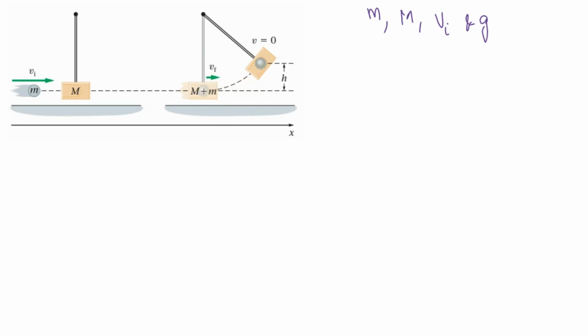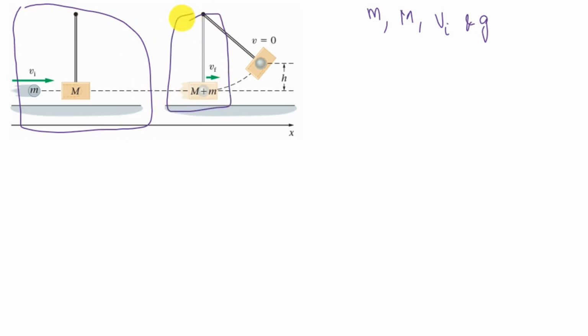So first let us try to find the final speed of the system. We can use the conservation of momentum. This was the initial position of the system. The initial momentum will be equal to the final momentum of the system. Initially the bob was at rest, so its momentum is 0, and the bullet has speed Vi, so the momentum is m times Vi.